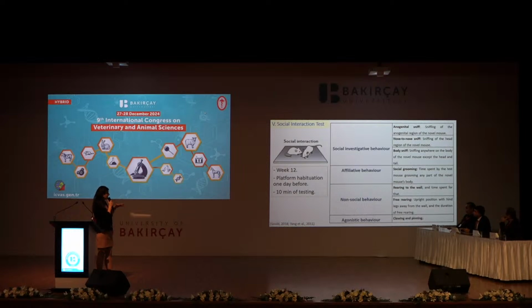We are categorizing their behavior in 4 categories. Because mice are very social animals and they want to know who they are encountering, for example, they show sniffing time, body sniff, nose-to-nose sniff. These are evaluated under the social investigative behavior.